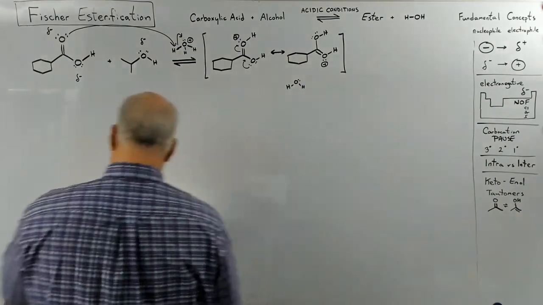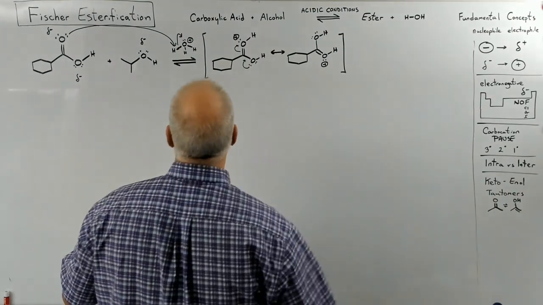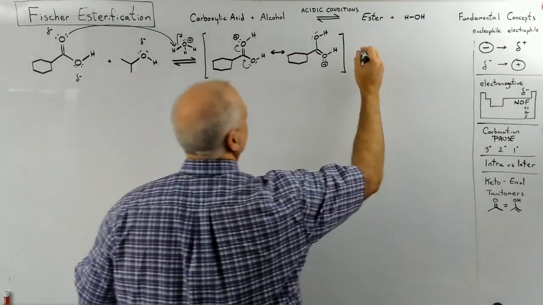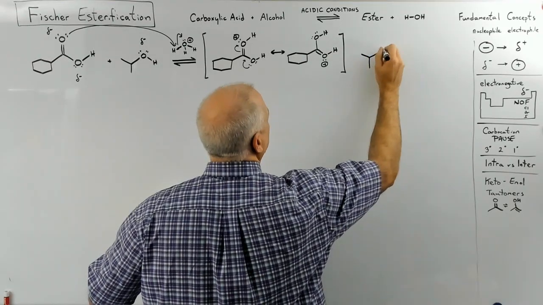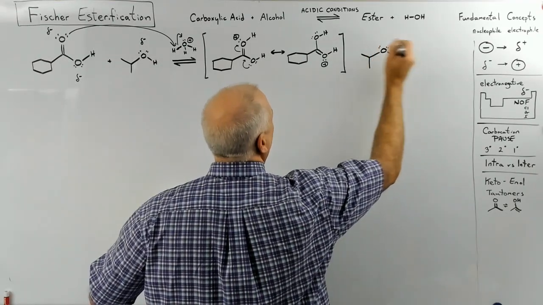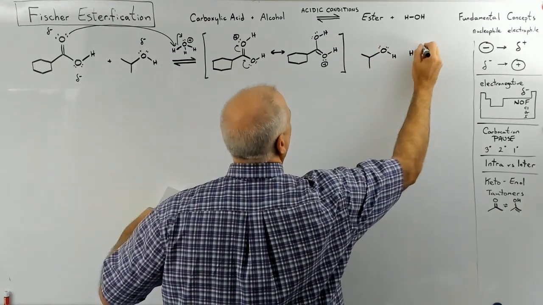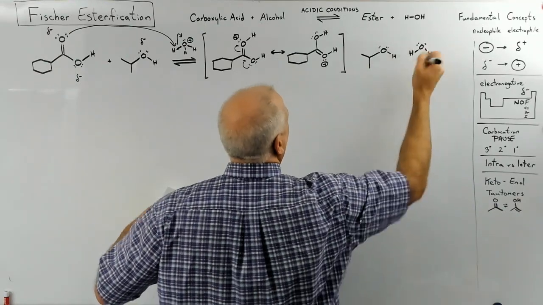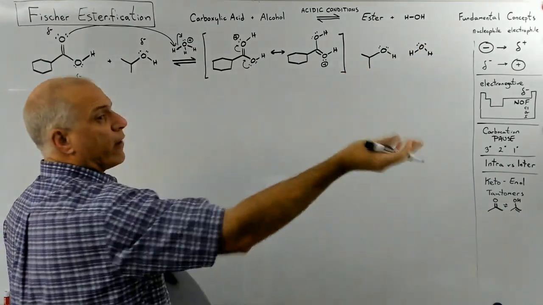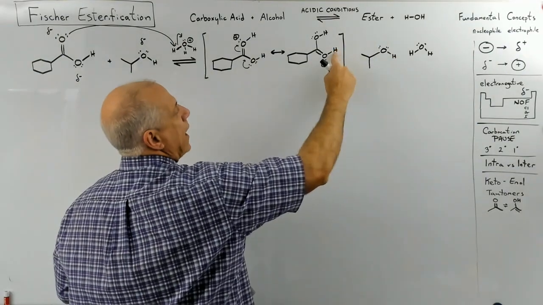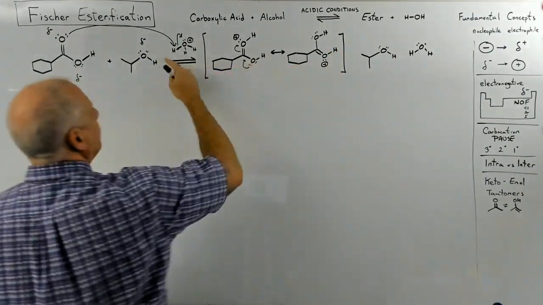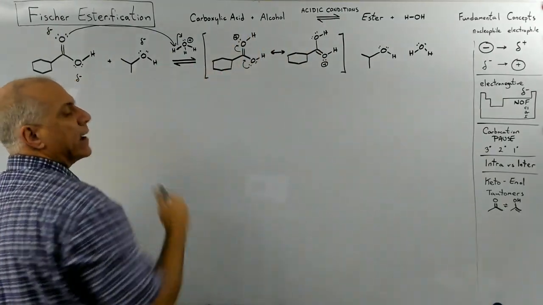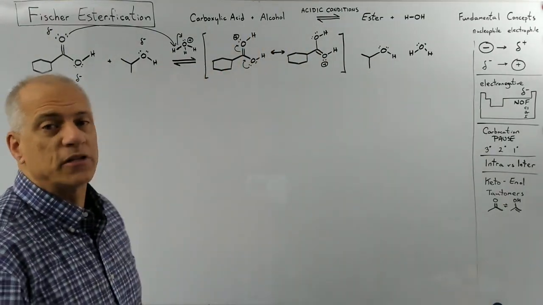Let me draw that up over here, and let's also put the alcohol here, and we'll have H2O. This water then can go right back and pick up the hydrogen from the protonated carboxylic acid and revert back, either that one or this one. So this is going to be a series of equilibrium steps.